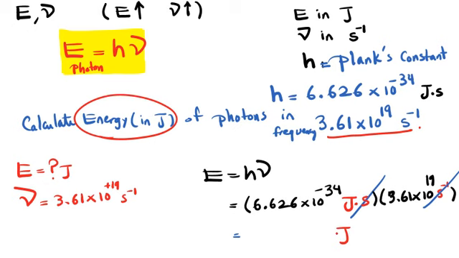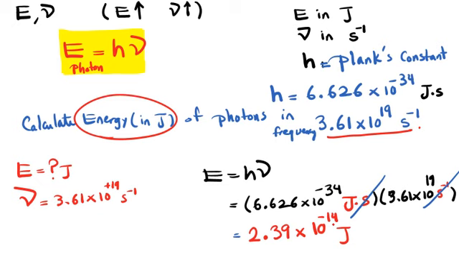You need to calculate and report your answer with the proper suffix. So 6.626 times 3.61, I'm going to get 2.39 times 10, and negative 34 plus 20, I'm going to get 10 to the negative 14.